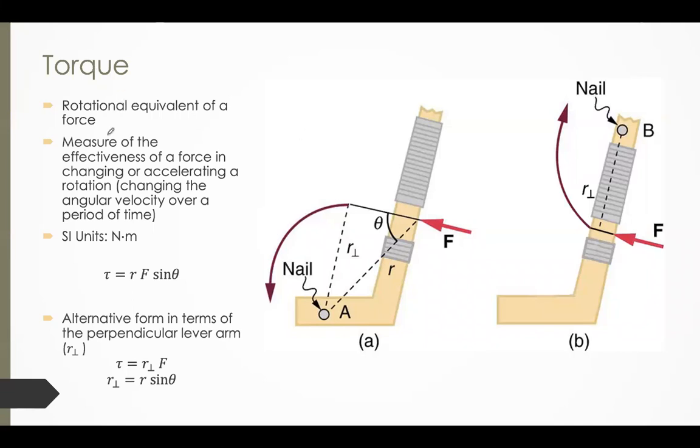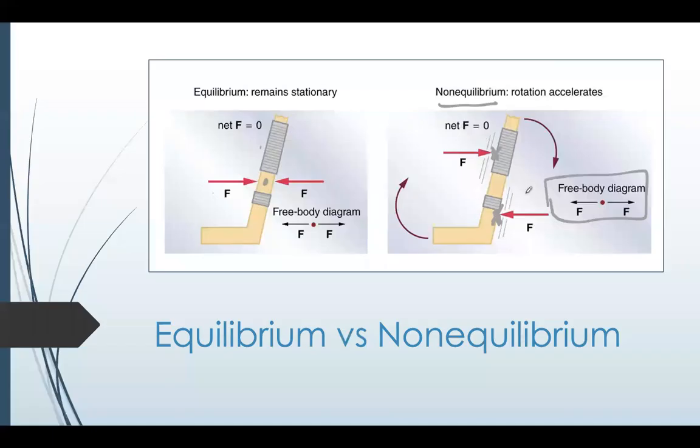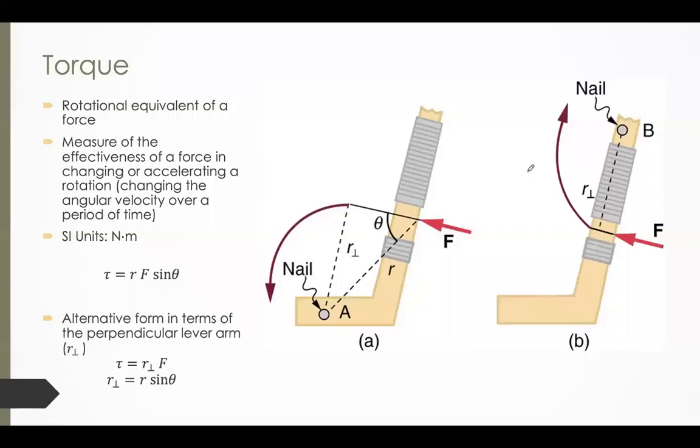Torque is like the rotational equivalent of a force, like I was just talking about here. It's the measure of the effectiveness of a force in changing or accelerating a rotation, or changing the angular velocity over a period of time.